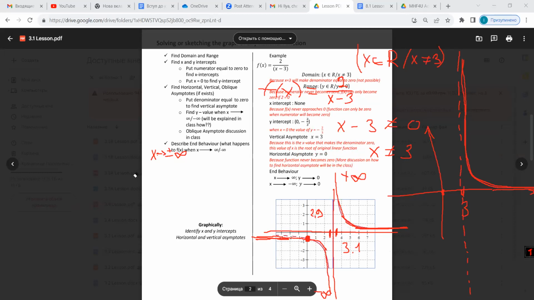Any questions so far? Good. So let me clean the drawing.